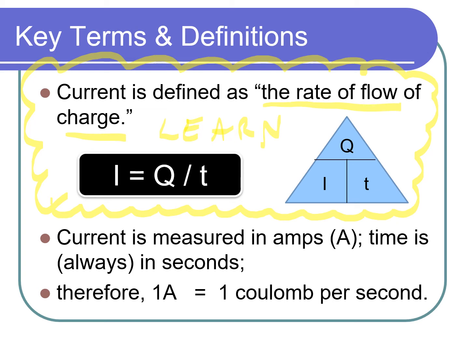I equals Q divided by T, so current equals charge divided by time. I'm going to write that at the bottom. So 1 amp of current flows when 1 coulomb of charge flows by in 1 second.